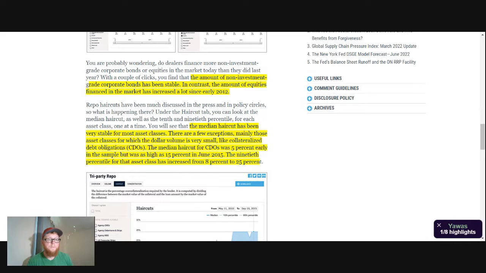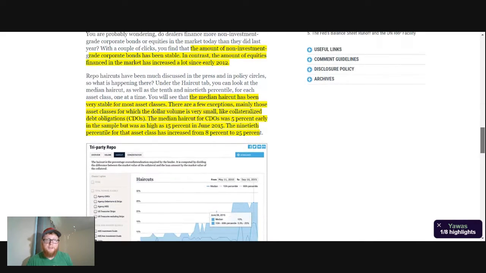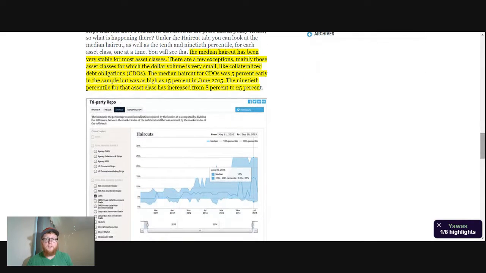They also go into haircuts, so the actual haircut of said repos. If you don't remember what a haircut is, it reminds me a lot of discounting. When you buy treasury bills, you get paid interest on a discount method. Say you're buying $1,000 worth of treasury bills, say 4 week, and you don't actually pay $1,000.